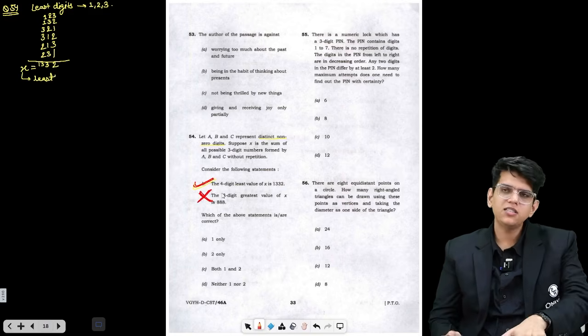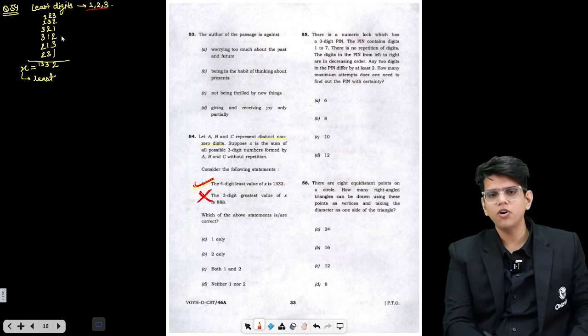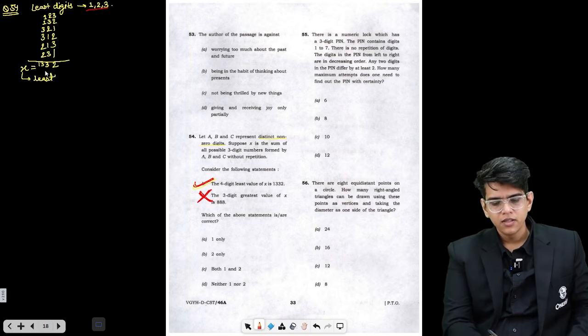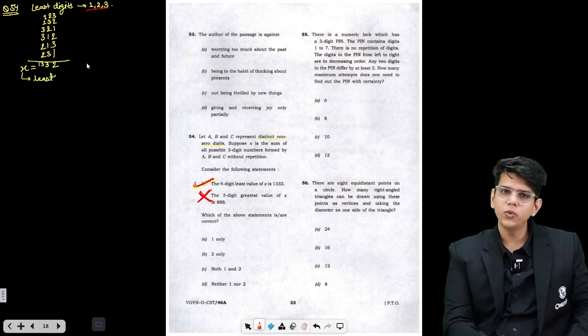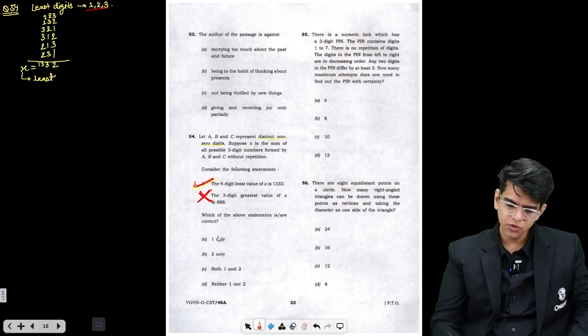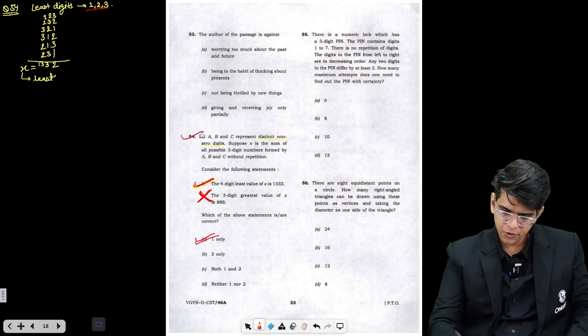For the least 3 digits 1, 2, 3, the sum of all these 3 digit numbers formed by 1, 2, 3 is 1332. You can't get 888 in any of these situations. So only one statement is correct. Okay, this is a good question.